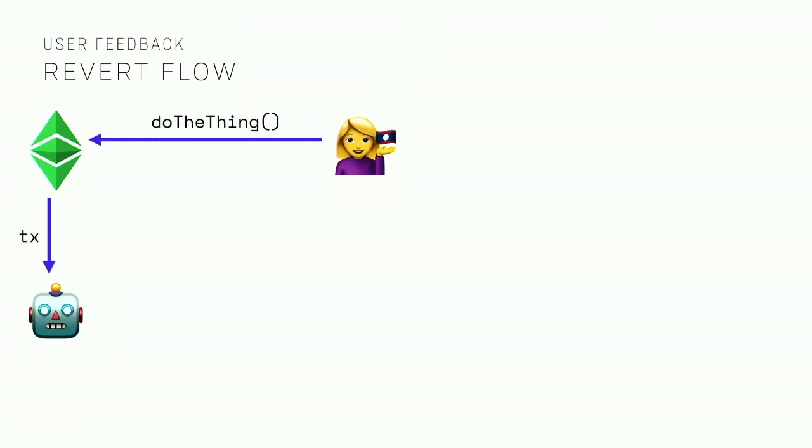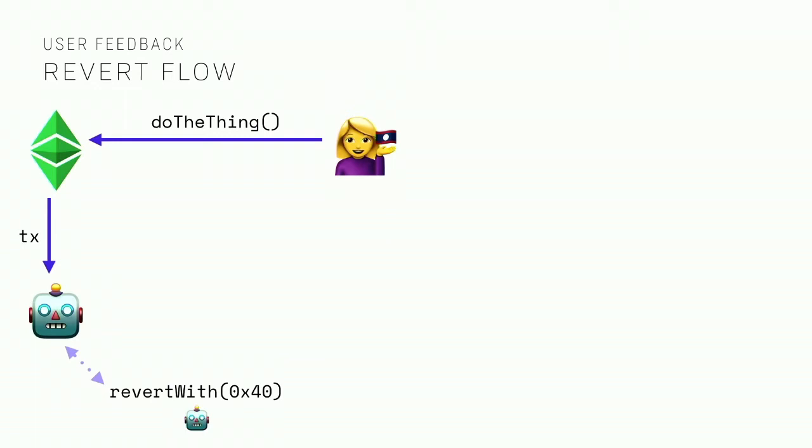Let's look at a revert flow. So I have another user, another wallet, another smart contract, and we ask them to do something, and it sends a transaction, and that transaction reverts. So one way to handle this is to revert with just the code and handle the translation in the wallet directly. We don't have that built into wallets yet today.